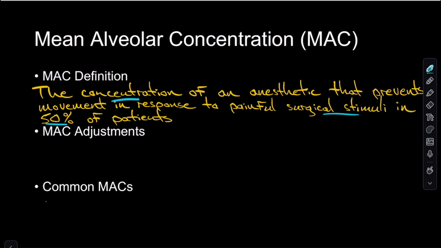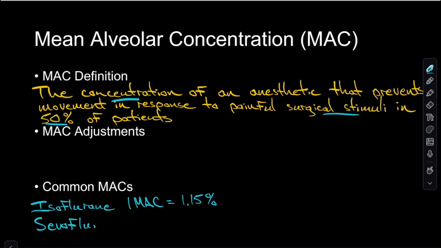So for isoflurane, 1 MAC equals 1.15% of this gas. For sevoflurane, 1 MAC equals 2.1% of the gas.